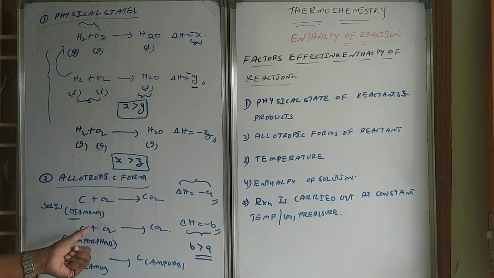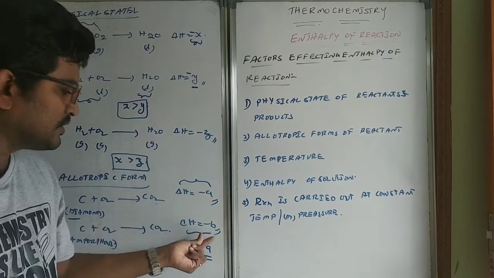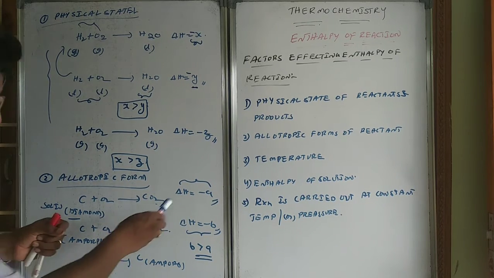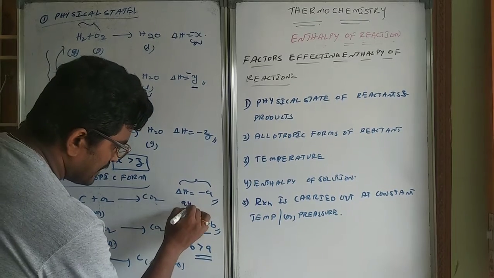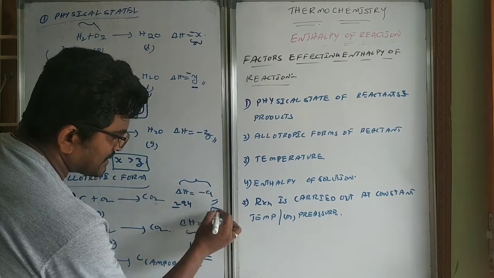So since it absorbs some amount of energy, A will be a lower value compared to the B value. So be careful with this thing. That's why this value will be nearly 94 and this value will be nearly 97.